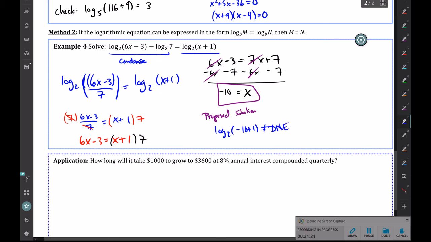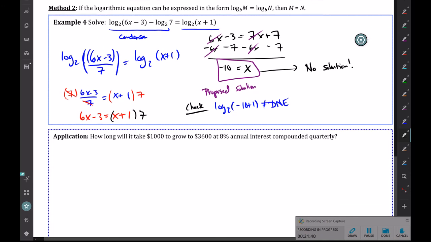That's undefined, and so there's no solution. That was our check, and so this says that there is no solution to this equation because the only possible solution would be x equals negative 10, but then that would require that you take log base 2 of a negative number, and you can't do that.